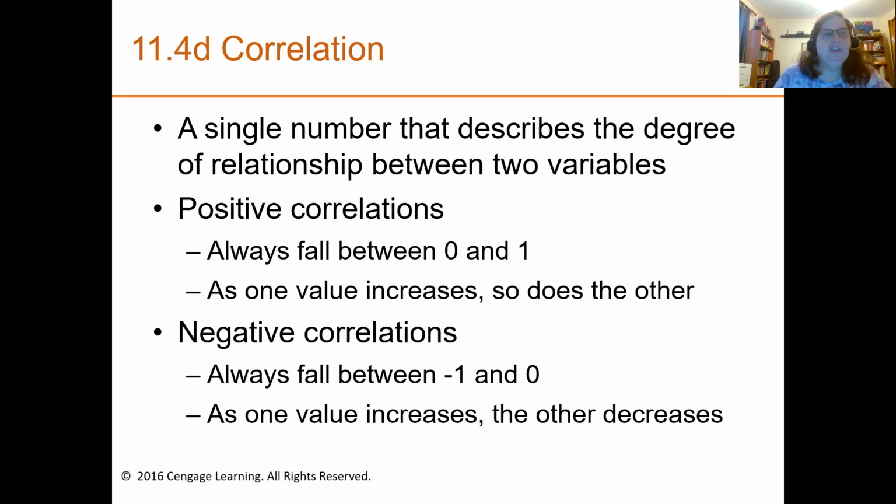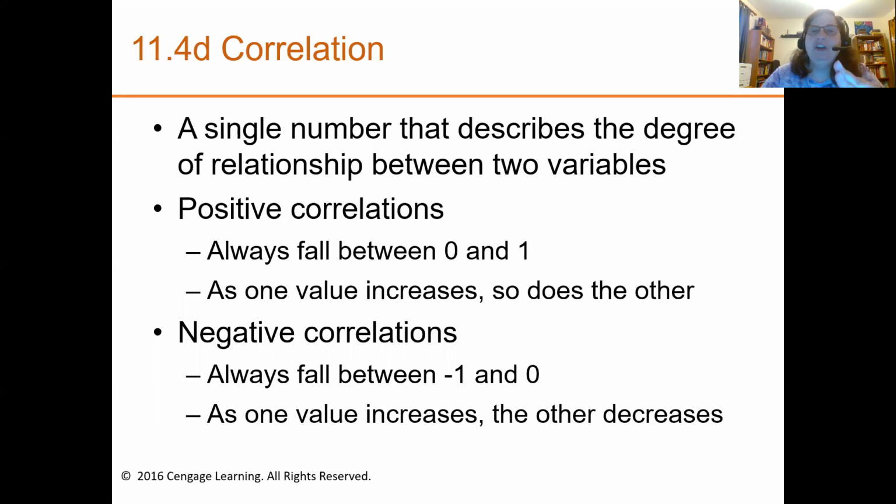Okay, now let's talk a little bit about correlation. So this is a single number that describes the degree of relationship between the two variables. Positive correlations always fall between 0 and 1, or I should say some number greater than 0 and 1. 0 is just neutral.